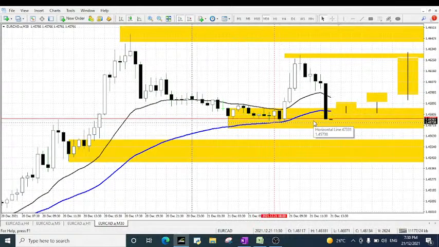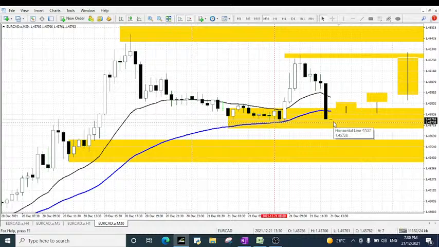We are approaching this low. Let's see if buyers will step in and pull up some kind of fight. If this low is breached, we have a completely different scenario on our hands.